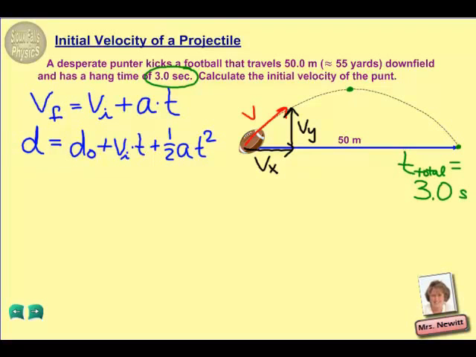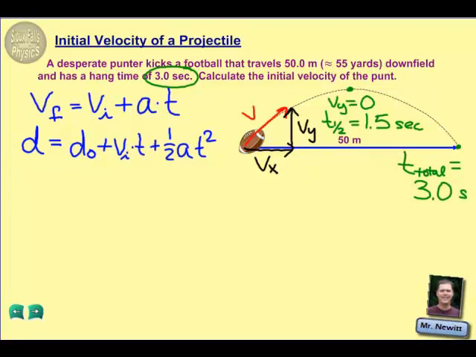So we know that the vertical velocity at the top of its path is 0. We also know that that's going to be halfway of its total flight. So the time at that point would simply be 3 seconds divided in half, or 1.5 seconds. That's going to allow us to begin our calculations for velocity.